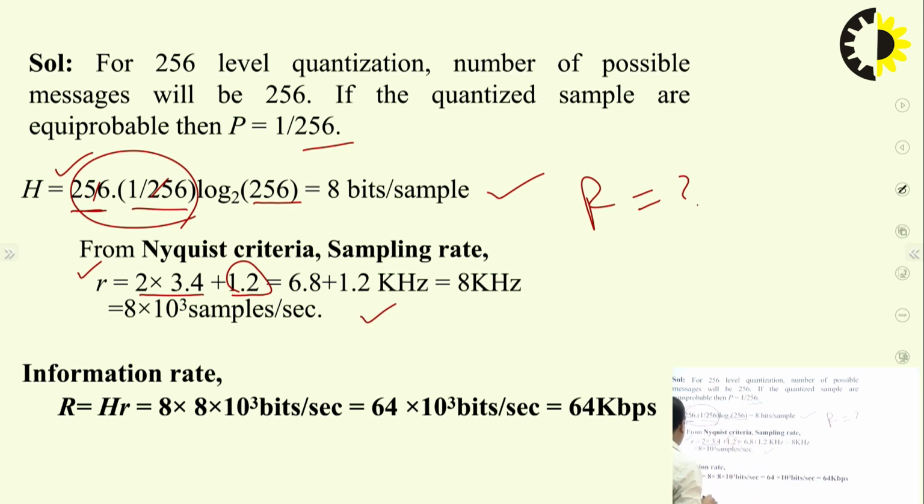Now information rate is capital R equals H into r. Putting the values, you will get 64 kbps. So in this way, with these small examples, you can determine the entropy, information rate and other parameters for any communication channel.